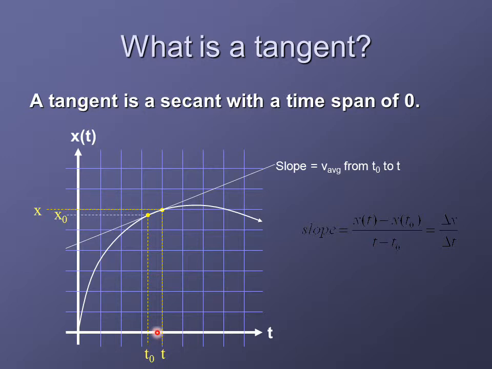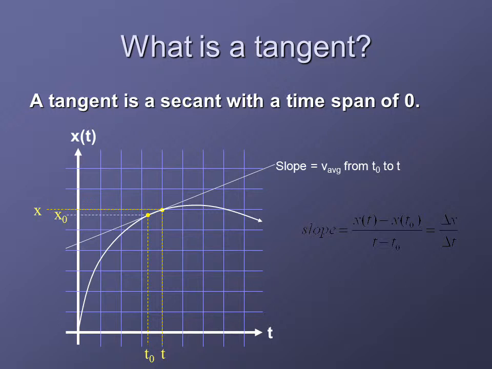So the difference between this point here and this point here, otherwise known as your change in vertical coordinate divided by your change in horizontal coordinate, or rise over run. Anybody who's taken an algebra class should know this. Slope is rise over run.